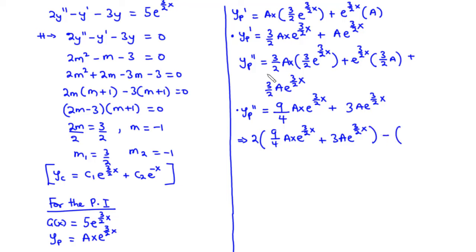We have y prime to be 3 over 2 ax e to the power 3 over 2x, and then plus ae to the power 3 over 2x, and then minus 3 times y, which is a times x times e to the power 3 over 2x, and that is equal to 5 times e to the power 3 over 2x.